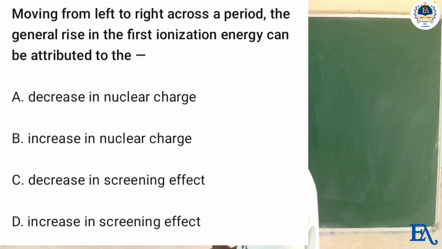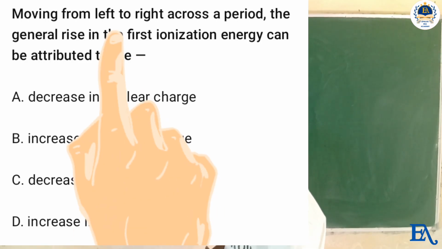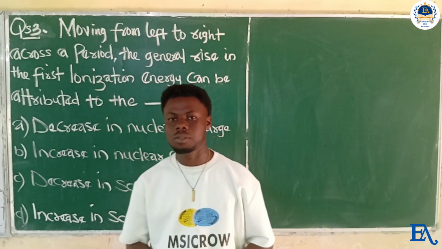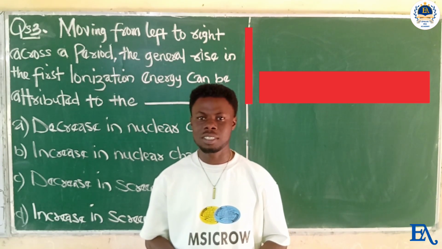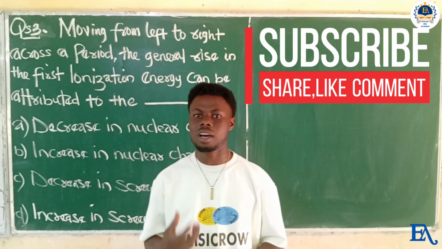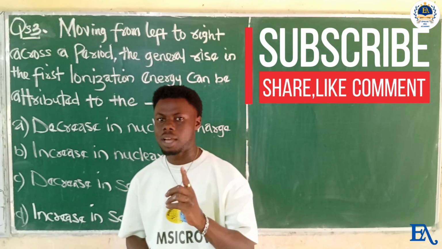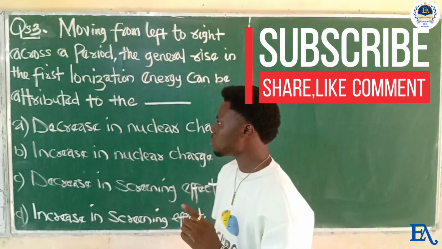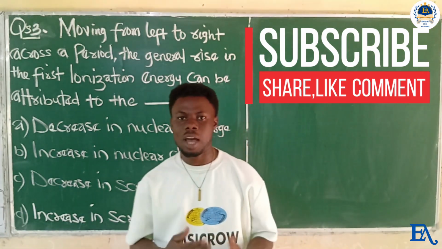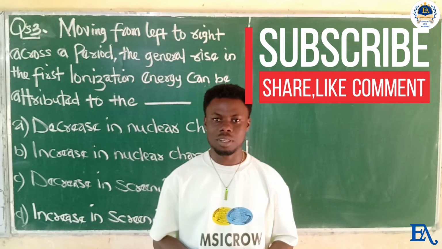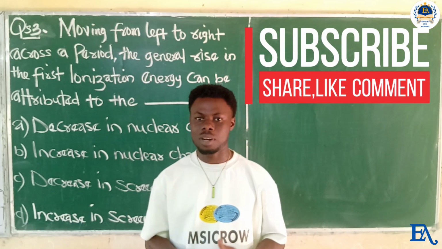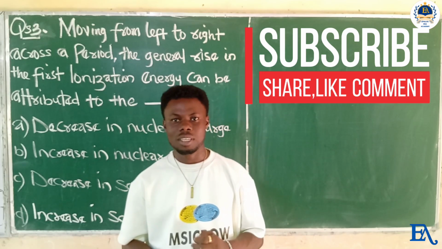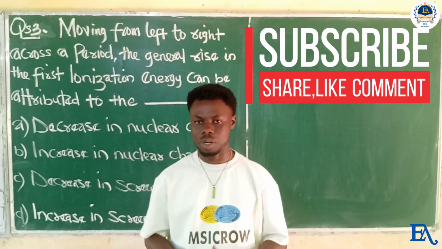Option D, increase in screening effect. Now we have to know the meaning of ionization energy. Ionization energy, this is the amount of energy required to remove one electron from a gaseous state. High ionization energy, the electron is very hard to remove, whereas low ionization energy, the electron is very easy to remove.